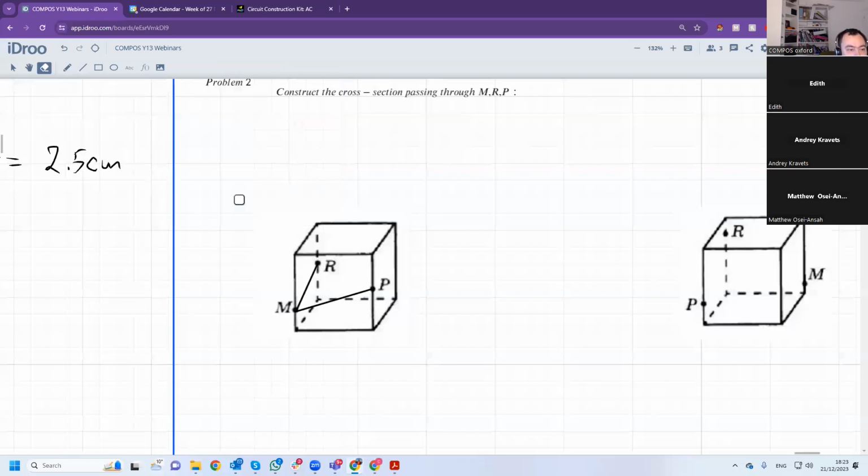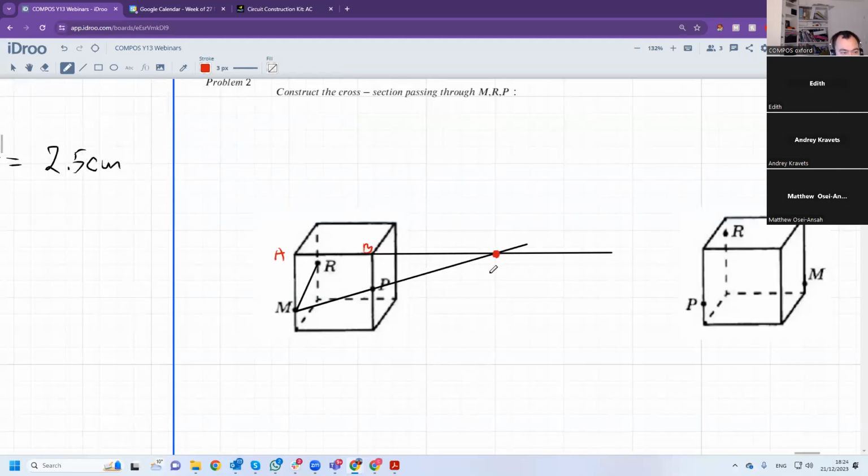To do this, we need to find where MP meets this line. Let's call it AB. So we draw the line AB, and we extend MP until it meets the line. This point is also in the plane.